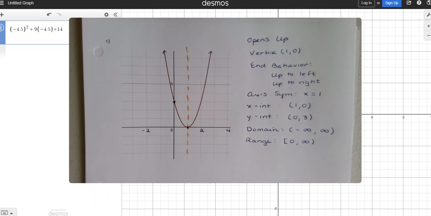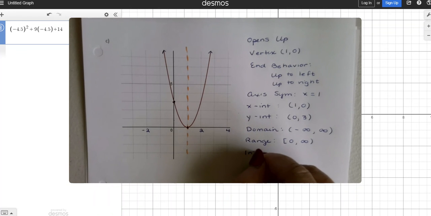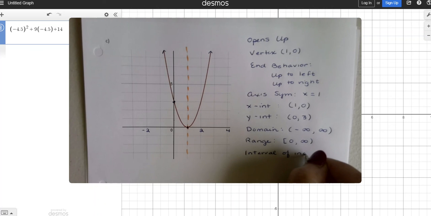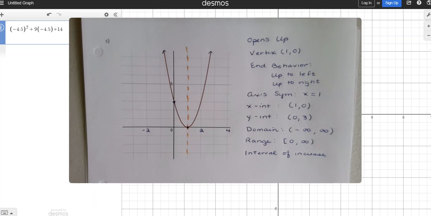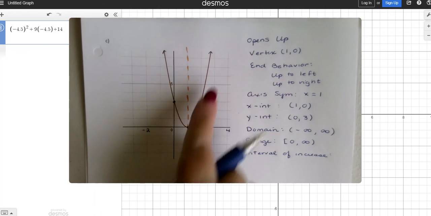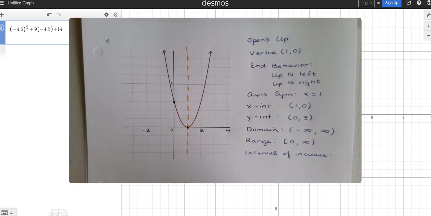We could do our intervals of increase and decrease. Let's see, increase actually is over here. It goes up on this side, so from 1 to infinity.